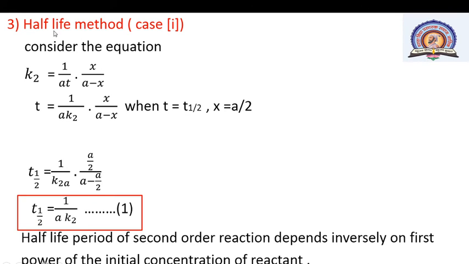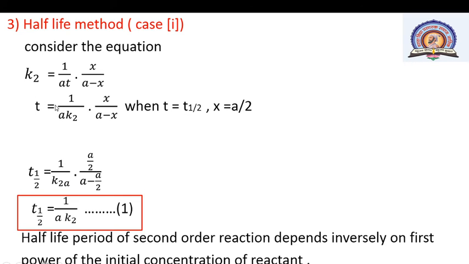Now the third characteristic is the half-life method or half-life period. First of all, case 1. As we know this equation, consider the equation k2 is equal to 1 upon a into t into x upon a minus x.